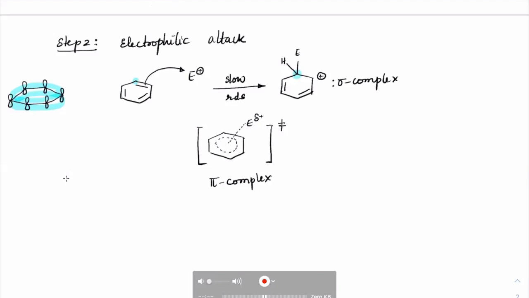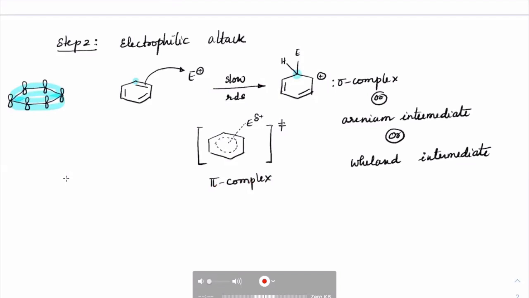So the transition state is known as pi complex, but the intermediate which has formed is called the sigma complex. This sigma complex has various names. It is also known as arenium intermediate or arenium complex, or is also known as Wheland complex, named after the scientist who came up with the mechanism intermediate.